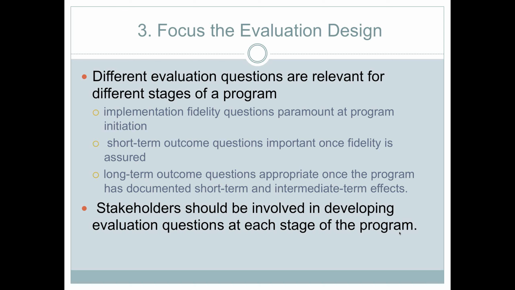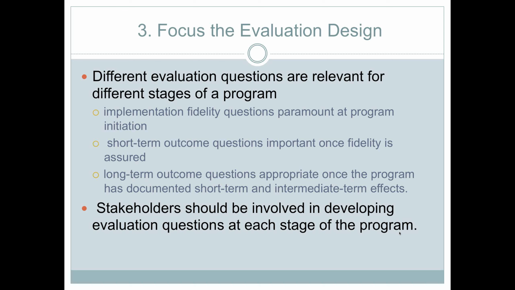It doesn't really make sense to look at outcome questions if you're not sure that the activities are happening as planned, because if there are problems with fidelity, so for example, if you've trained staff but the staff are still not delivering the program as planned, you wouldn't expect to see changes in clients. So the first thing in a new program is implementation fidelity. Are the activities happening as planned?